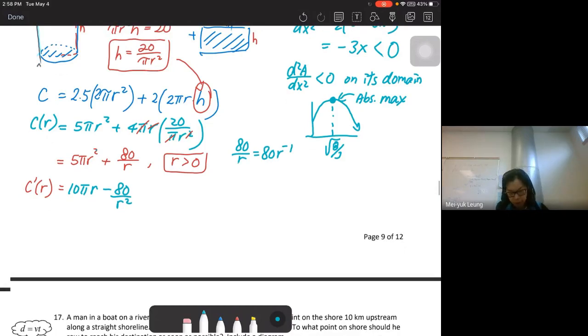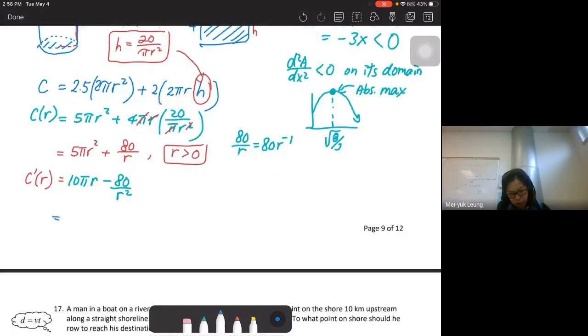Now let's write this as a single term. r squared is the common factor, so we have 10 pi r cubed minus 80 over r squared. This is C prime of r.